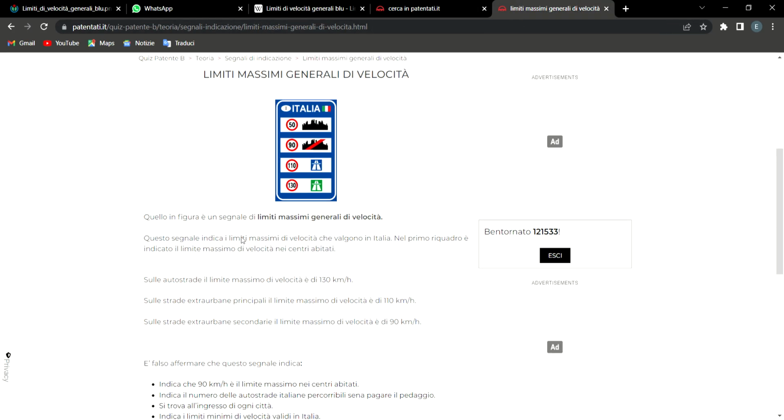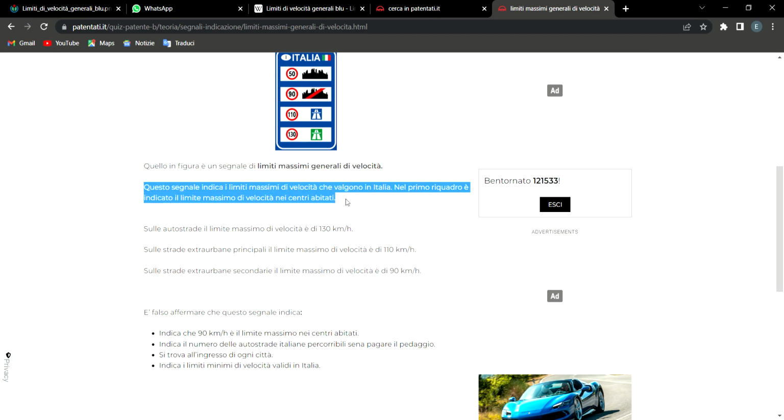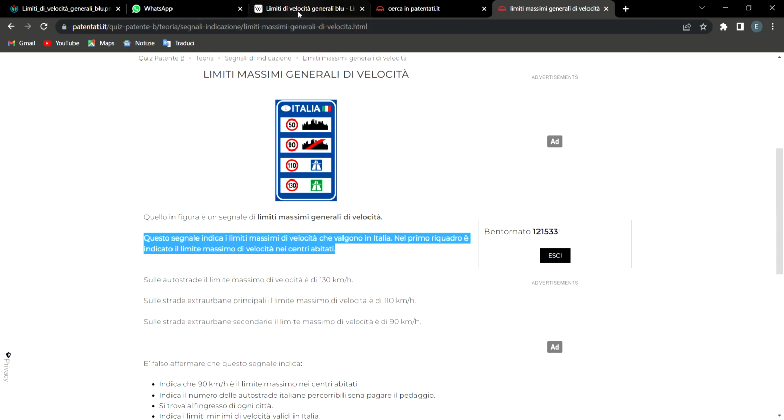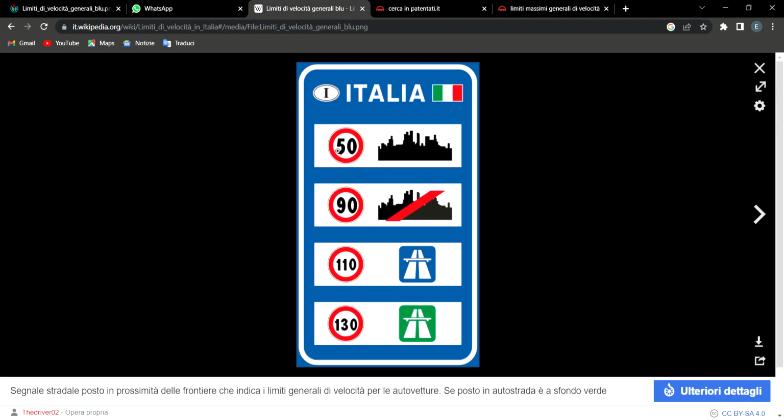So, and it says: questo segnale indica i limiti massimo di velocità che valgono in Italia, nel primo riquadro è indicato il limite massimo di velocità nei centri abitati. So what it is simply saying here is that this symbol signifies the maximum kilometer or the maximum speed you are permitted to drive on the roads of Italian.